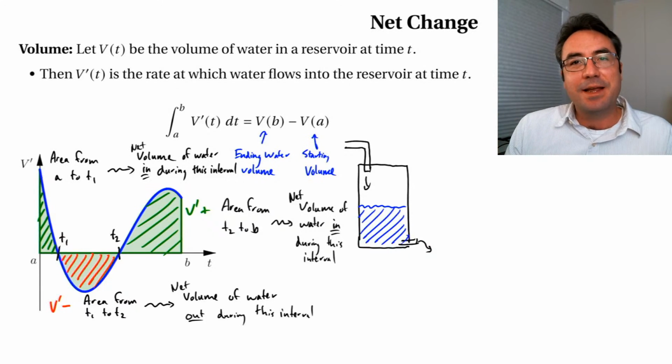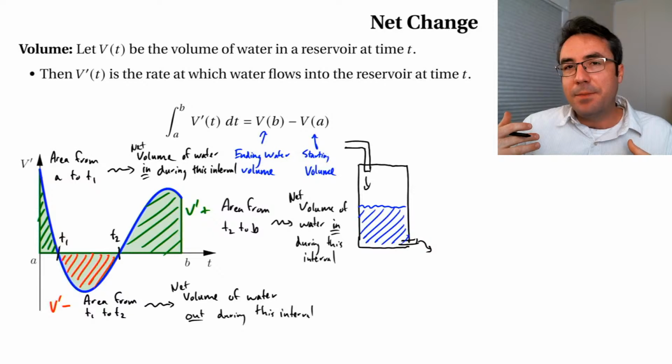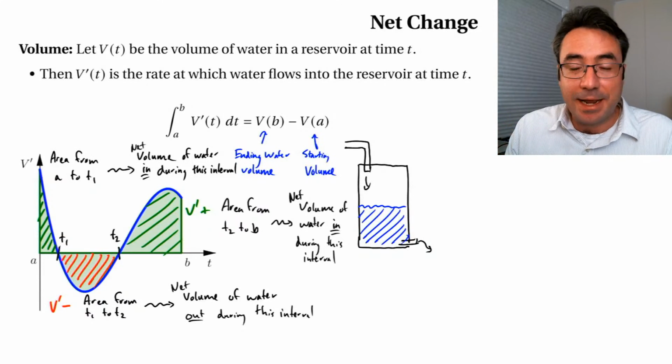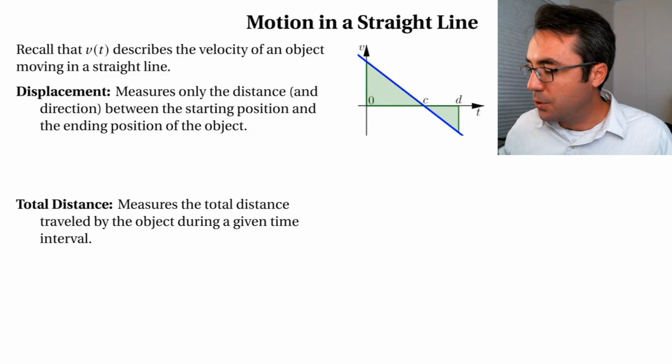And so integrating the concentration function, or the derivative of the concentration function, you'd be looking at what the net effect is over a certain time interval. So there's a whole bunch of examples. We looked at volume here. We're primarily going to be looking at displacement and something else, which we'll see next, and it's total distance.